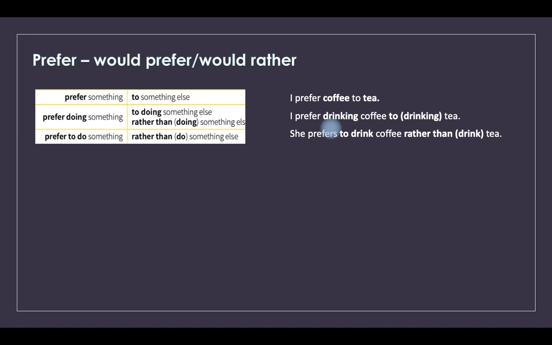Or you can say I prefer drinking coffee to drinking tea. So I like drinking coffee more than drinking tea. She prefers to drink coffee rather than drink tea. Yeah, rather than, we use it with the infinitive form of the verb.